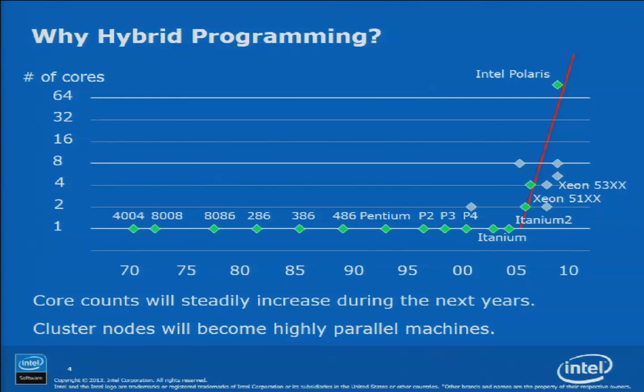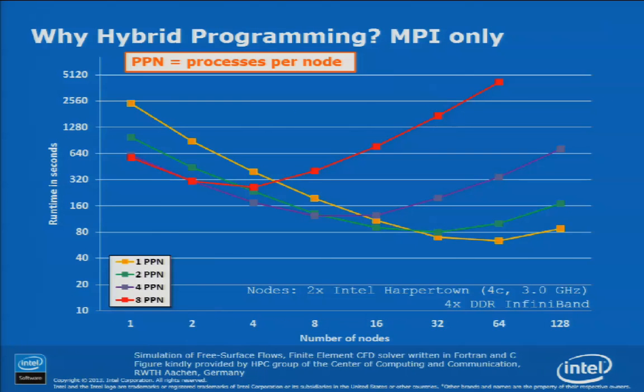Okay, why hybrid? So this is the typical curve with the increasing core counts over time. You all know that, right? It's nothing new. The big thing here is, and these are kind of outdated numbers from Aachen University, these numbers don't look too bad until you hit a certain level where the code actually starts to get slower again for whatever reason, right?